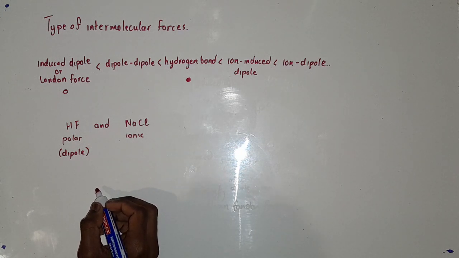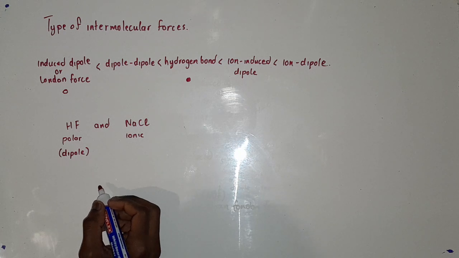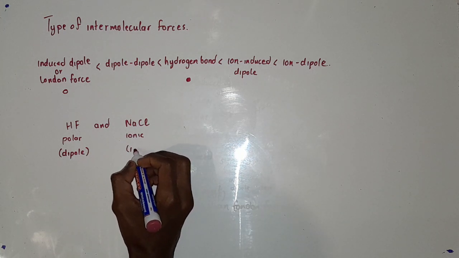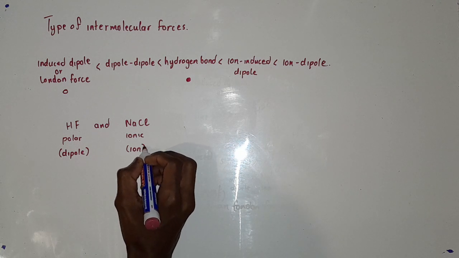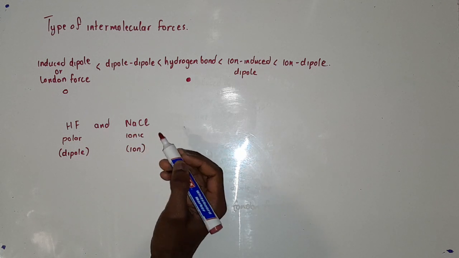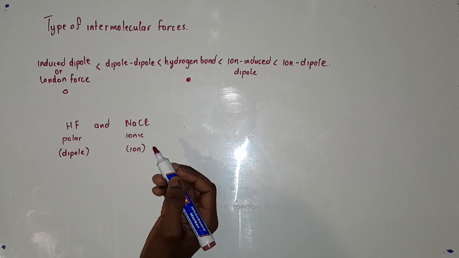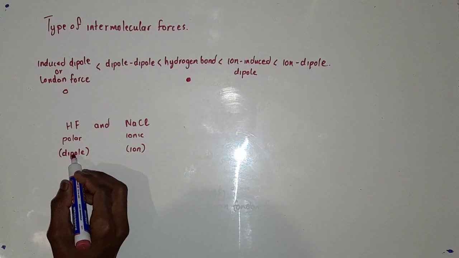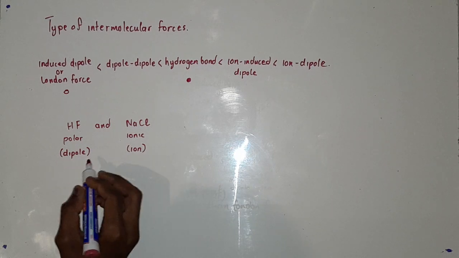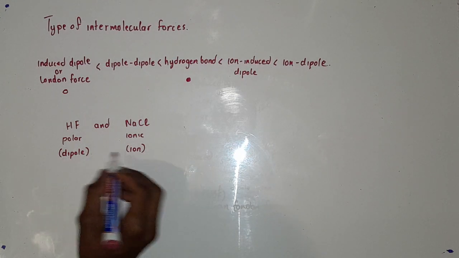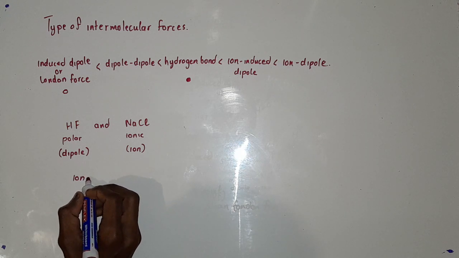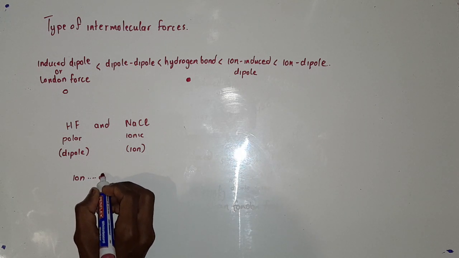Now what is going to happen if I take a dipole together with an ion? This one is going to form an ion. It's clear that I'm going to get an ion-dipole. Do you understand? An ion-dipole. Then the force that is going to exist between the two is going to be ion-dipole.